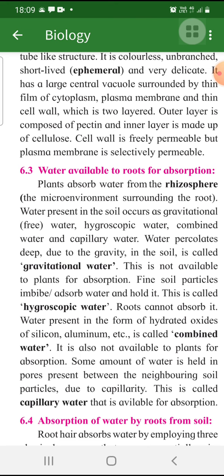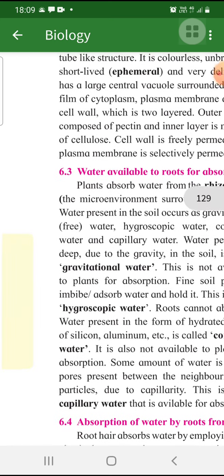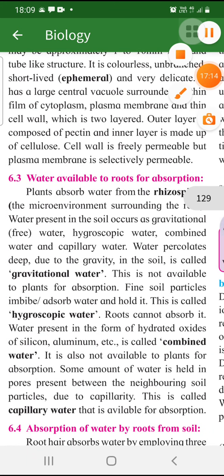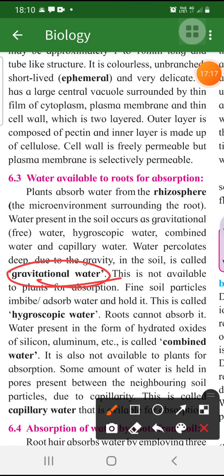Then first thing, types of water present in the soil. See, there are two different questions: water present in the soil, and water available to the plants. When you talk about water present in the soil, it can be divided into four. First is gravitational water, which goes deep down because of earth's gravity. So this is not available to the plants.